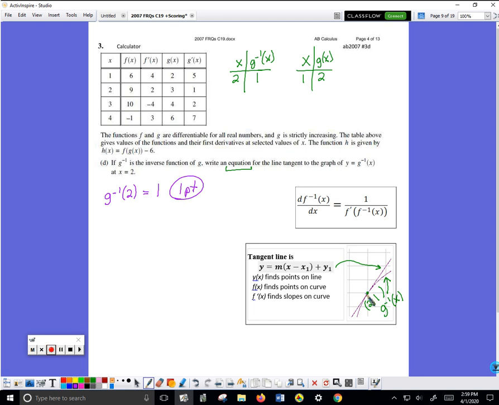So I need the slope right here, which means I need the derivative of g inverse. So that's where I use this formula. So the derivative of g inverse of x at x equal, I'm trying to find this at x equal 2, according to the formula will be 1 over g prime of g inverse of 2.